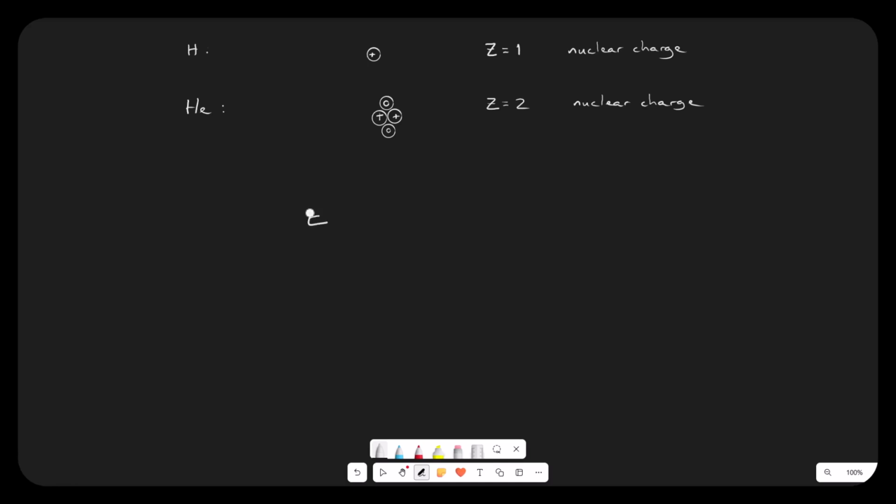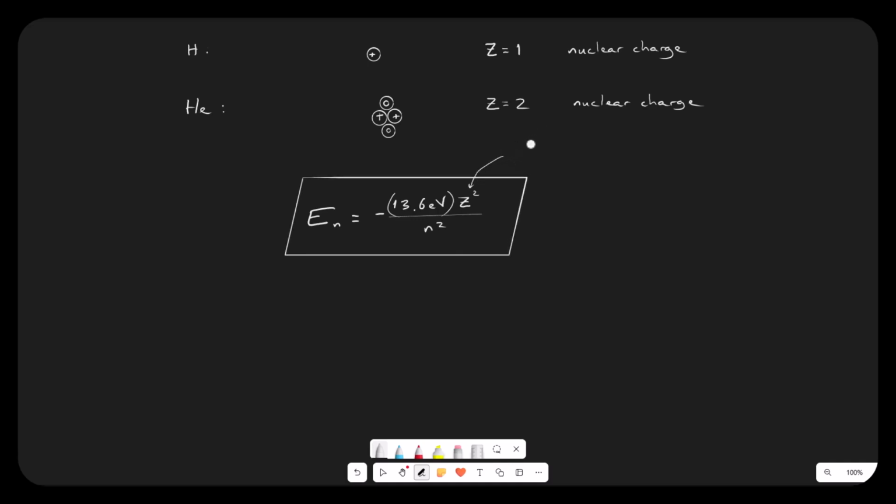So in our Bohr model, our energy levels are actually going to be negative 13.6 eV multiplied by Z squared over n squared. And now we have adjusted this to account for different nuclear charges. There is still a problem, because this is assuming that we have 1 electron.